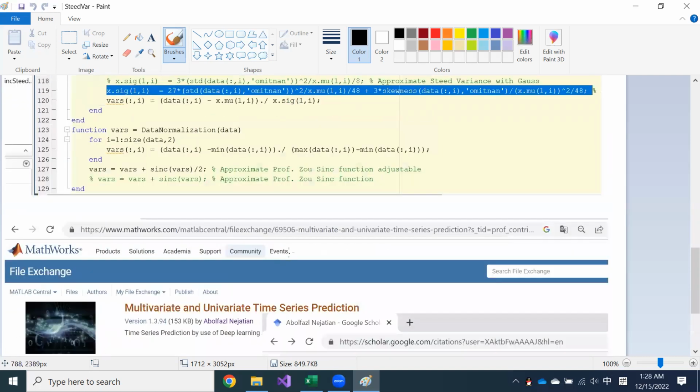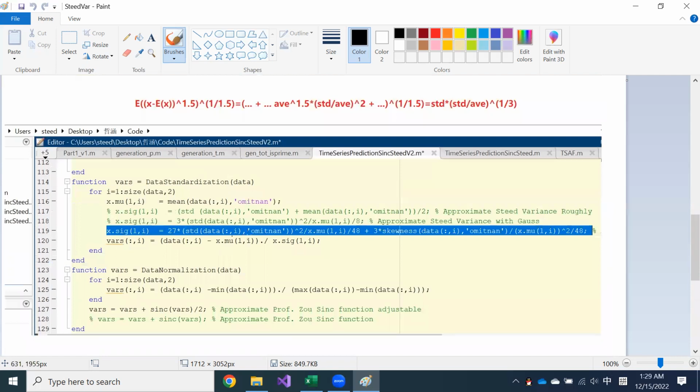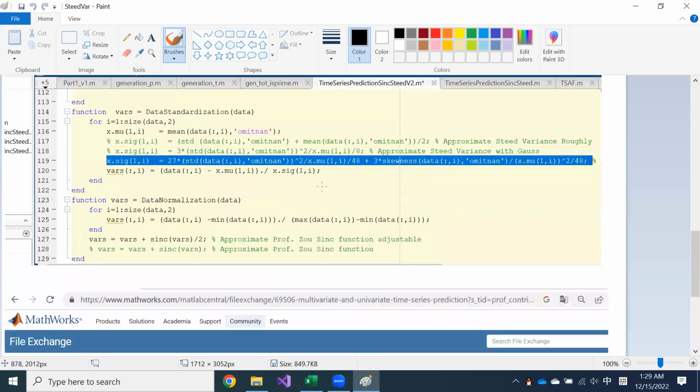I just took his code and did some modification so that we are able to make use of this 1.5 variance, and we also include a sinc filter for predicting the stock market. That's Professor Zhou's sinc function. Okay, I will stop here. Thank you.